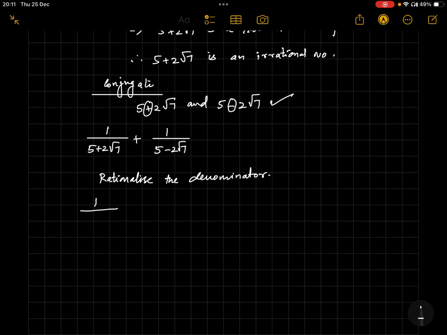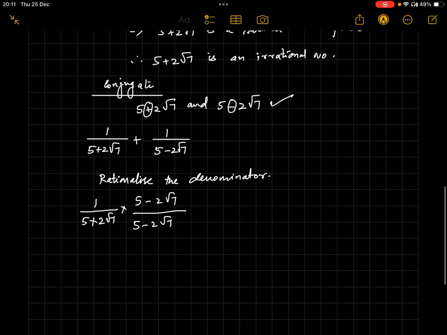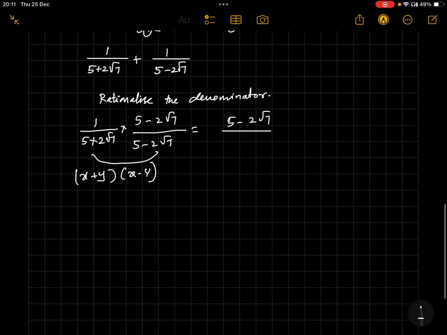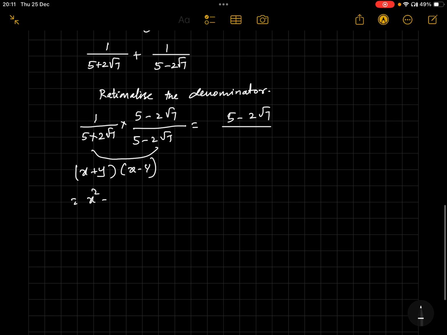Therefore, 1 over 5 plus 2 root 7 can be written as multiplied by 5 minus 2 root 7 over 5 minus 2 root 7. Multiplying and dividing by the same number will not change the value, which gives us (5 minus 2 root 7) over a product of the form (x plus y)(x minus y), which is equal to x square minus y square.